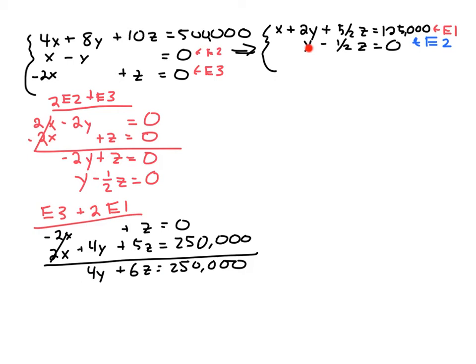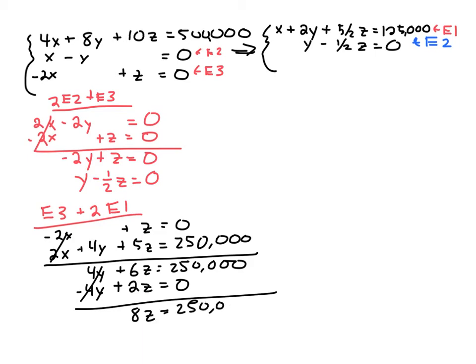I'm going to do -4 times this. So -4y plus 2z, and then 0 times -4 is 0. Okay, so -4y plus 2z equals 0. Now these cancel. I'm left with 8z equals 2,500,000.